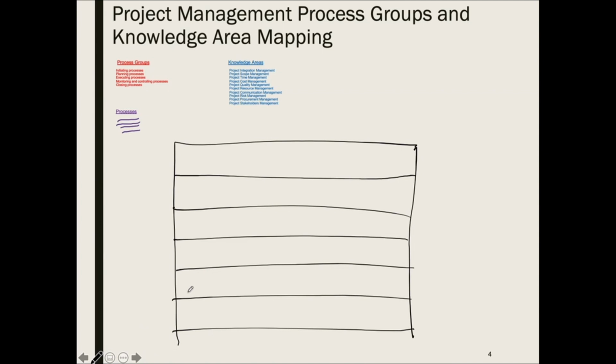So these are the process groups. So we have initiation, we had the planning, execution, monitor and control, and closing.